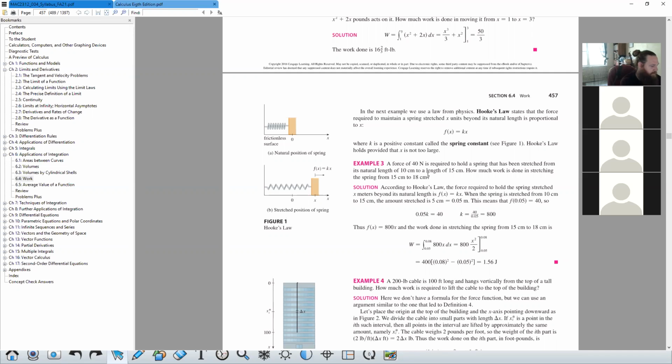How much work is done stretching that spring from 15 to 18?